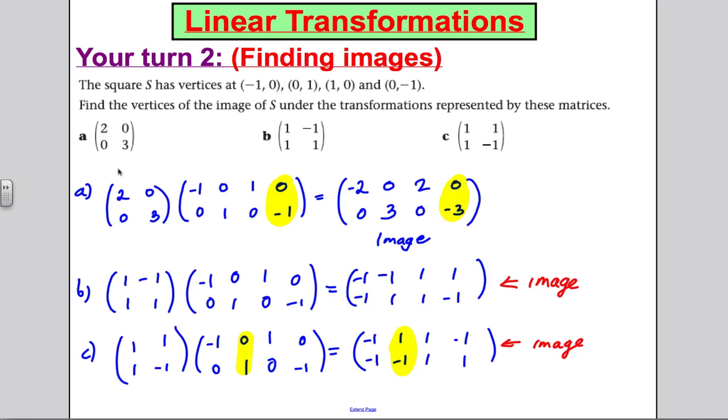These are our matrices, our matrix transformation, and these are our object. We apply the transformation to that object, which was the vertices of a square. And we're done.